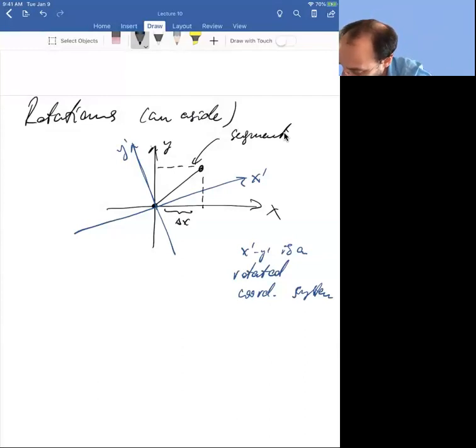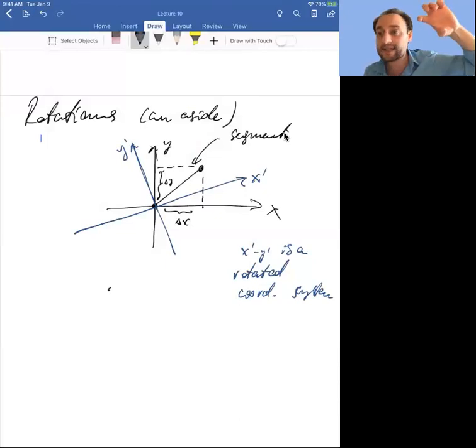So this is delta x, and this is a delta y. Or you can just say x and y. What's the delta x prime and delta y prime in the rotated coordinate system? What's the x component of that segment and the y component of that segment in the rotated coordinate system?